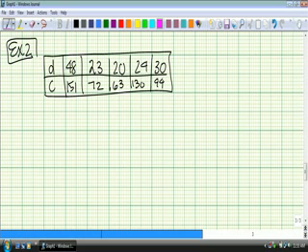All right. So the directions here say draw a scatter plot. Okay? Now a scatter plot is just plotting the points on a grid. They may be scattered. They may look like a line, but I'm not going to draw a line if it looks like a line. I'm just plotting the points. Okay?